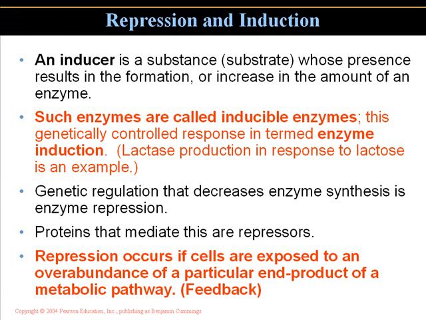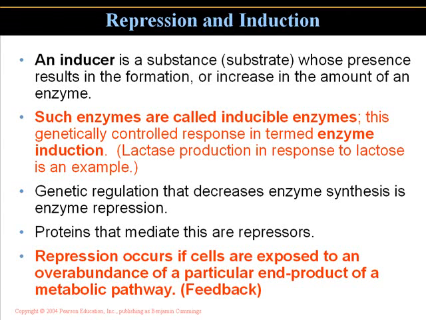Genetically controlled response is termed enzyme induction. Lactase production is in response to lactose being available in the system. Lactose is a complex carbohydrate, a sugar, and lactase is an enzyme, a protein that's produced at pretty much a constant rate for substances such as complex sugars such as lactose.